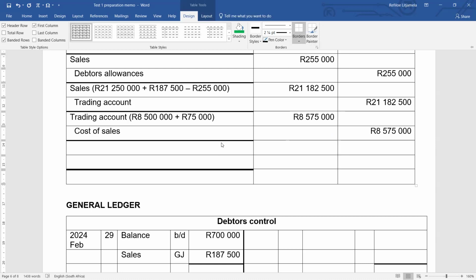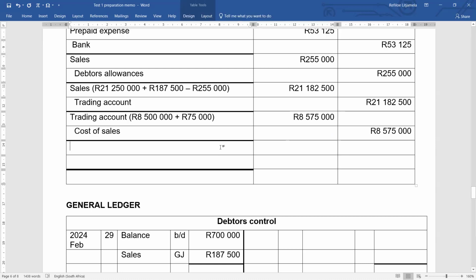Now, what I'm going to do is to get my gross profit. So my gross profit will be whatever I have left in the trading account. So I'm going to reduce my trading account on the debit side. Okay. Note that the trading account will increase on the credit side and it will increase by sales.